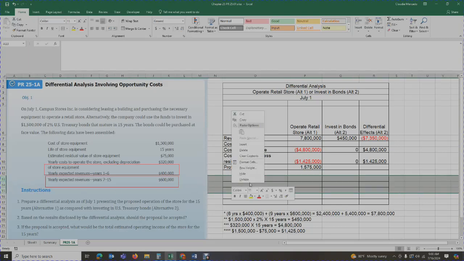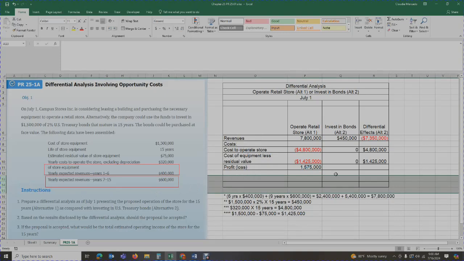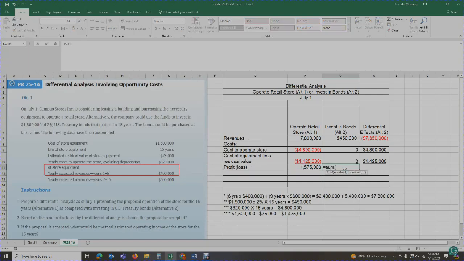Now let's do the same thing for the investment option. We're going to add your revenue less your expenses. We had a revenue of 450. We had no expenses whatsoever. It was a one-time deal. So the investment in bonds, alternative 2, is going to yield a profit of 450,000.